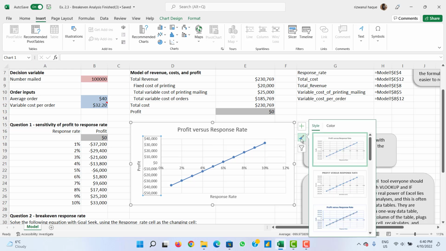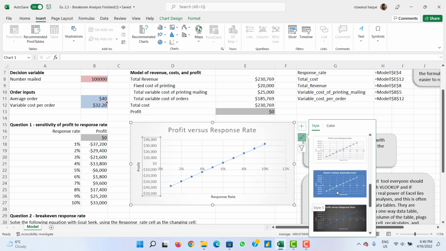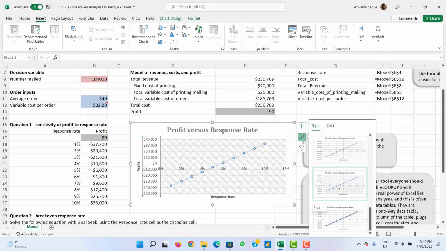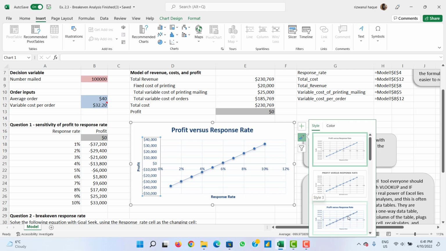If you want, you can change the chart style this way, or this way, or this way. Probably not the right one. Click this one.